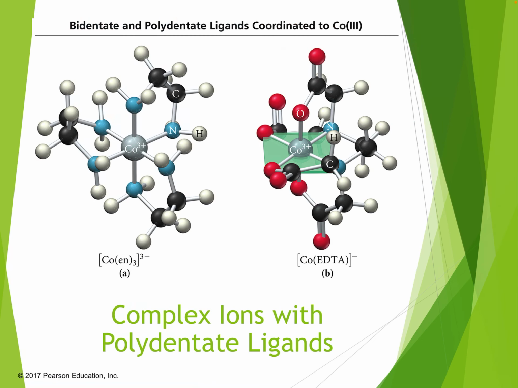It's really cool. So here you go. Here's some more complex ions with polydentate ligands. So we've got cobalt being bonded to ethylene diamine again. So we've got 1 bond here and 1 bond here. And then for a different ligand, we've got 1 bond here and here. And then we've got 1 here and it's kind of back there. And then cobalt on the right is bonded to EDTA, so it's got 6.